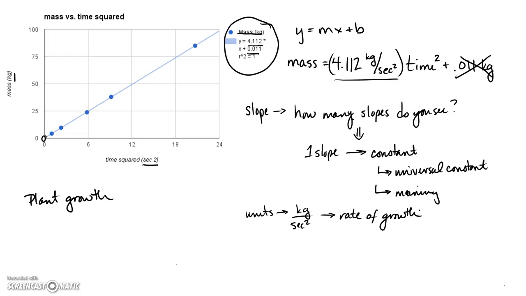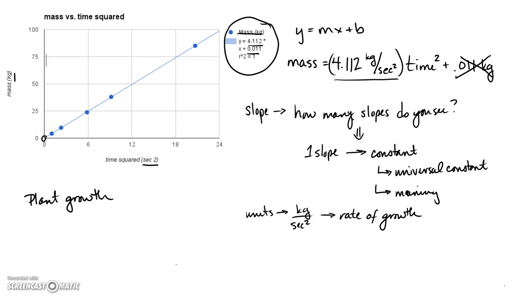Another option is it could have been something that was constant from our lab. So we'd also look at some of the things that were constant in our lab. And maybe we would notice that, hey, this is about how much it grew if we squared our time. It was growing exponentially, and so that was the rate of growth. Or maybe, like I said, if it was the car example, and the units were miles per hour, and you noticed that the speed was 5 miles per hour, oh, that was how fast our car was going.